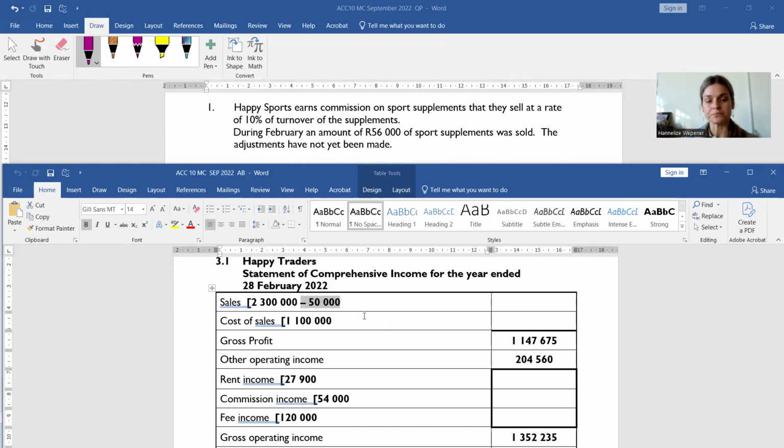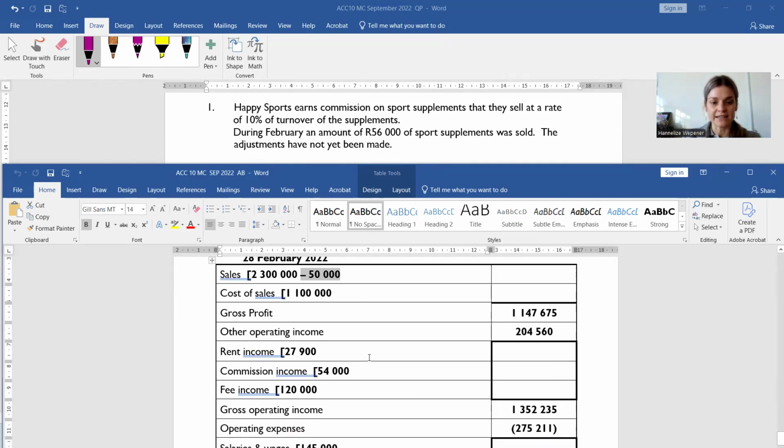That period ended on the last day of Feb. So all the income that you earned up until that day must reflect in your statement of comprehensive income. They are saying that the Feb one is not reflecting yet. So it means that you must just go and add it.